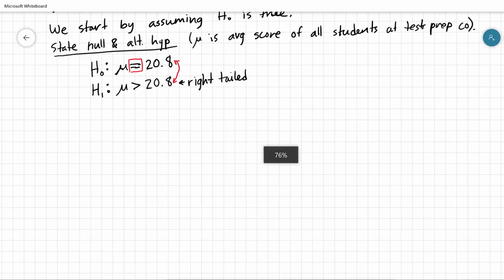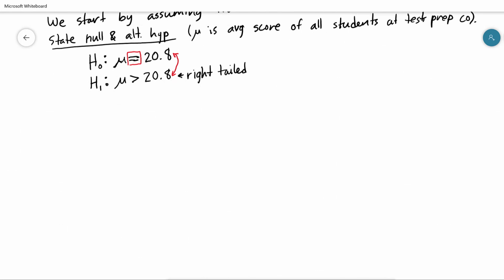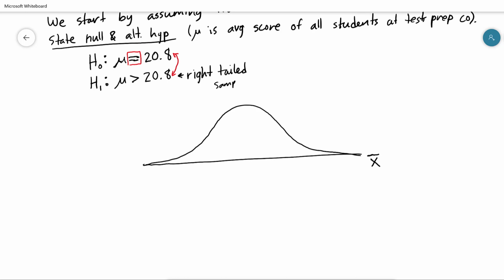And if that's true, then I'm going to take a look at the sampling distribution. So here's the picture of all the possible values that we could get in taking a sample from this group. So here's my sampling distribution. This is the distribution of all the possible x-bar values. And under the assumption that the null hypothesis is true, the average score is 20.8.